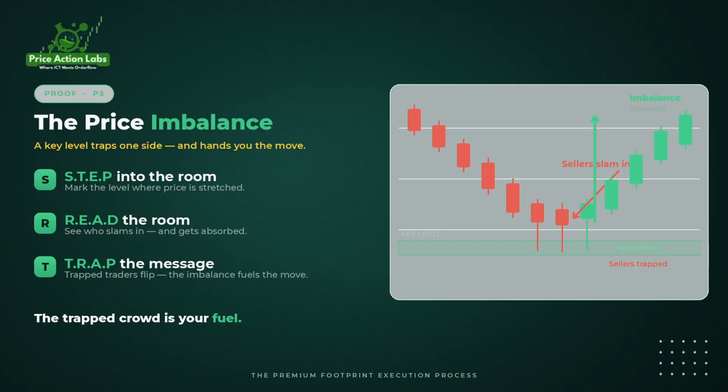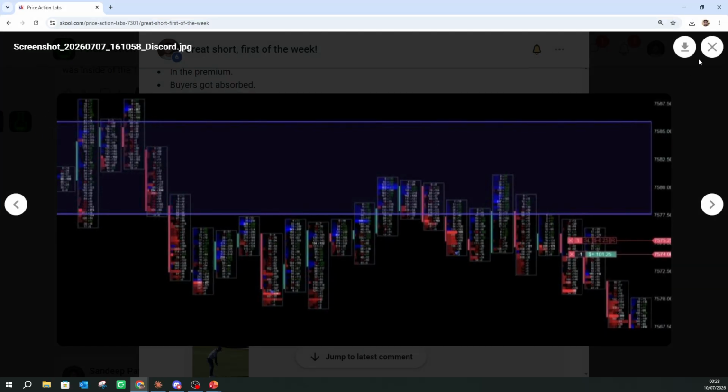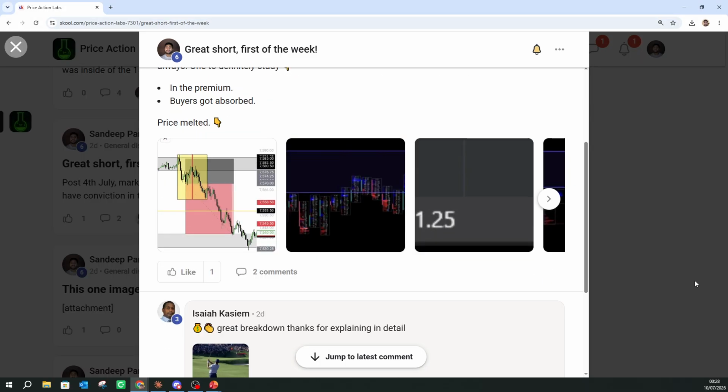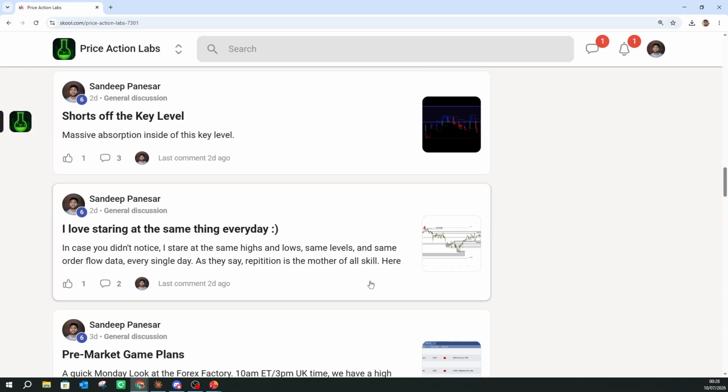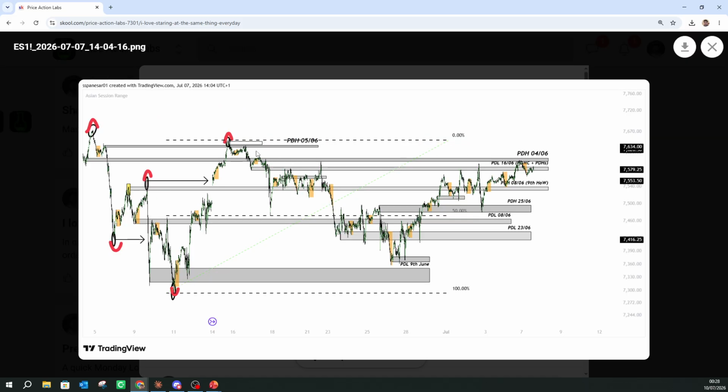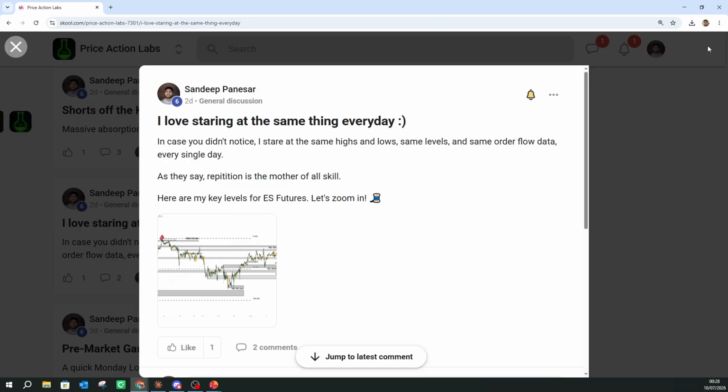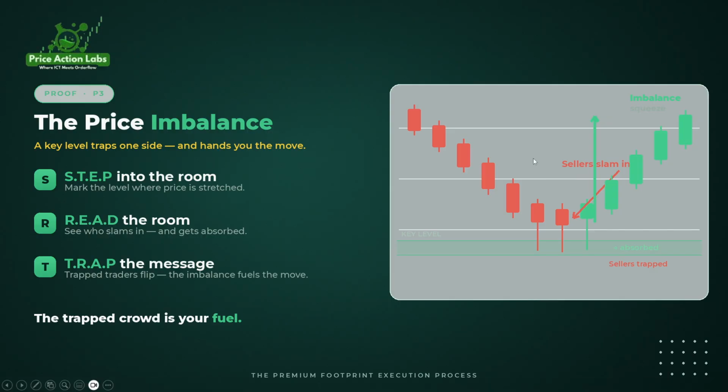These are all ICT smart money concept terms. The question is, how do you actually use that to make money? Well, the way you use that to make money in the system I've just described is by using this. You first want to identify where your key level is. All these key levels are based off a specific price imbalance. Then we follow this system.